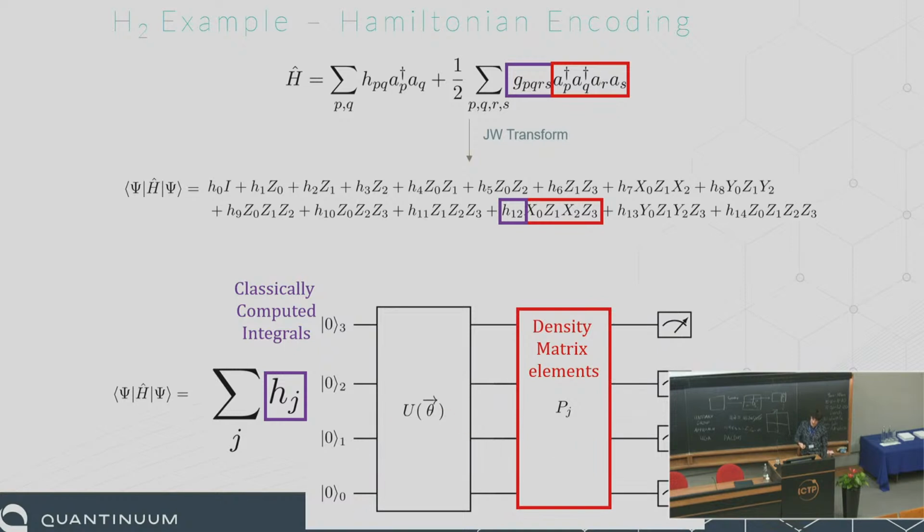And then you have to multiply it by its weight, the interaction coefficient, and then you loop over all the terms in the Hamiltonian. In the chemistry setting, these are the classically computed integrals, but if it's the Fermi-Hubbard, these are just parameters. But what I'm trying to say is that the only quantum part in this calculation is the Paulis. The coefficient is just outside. This is done with post-processing.